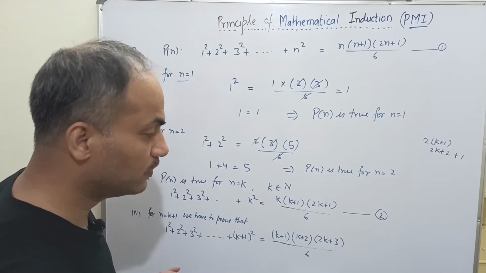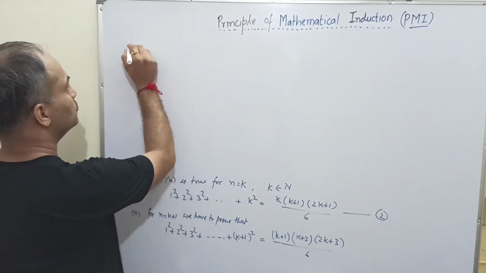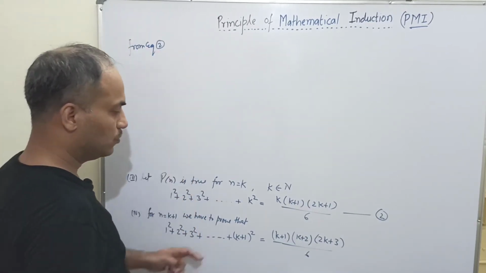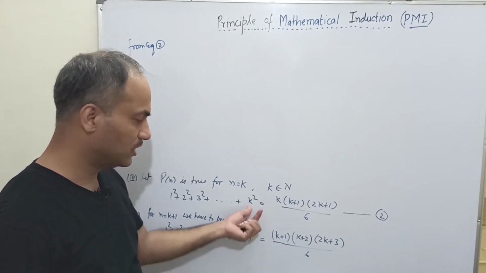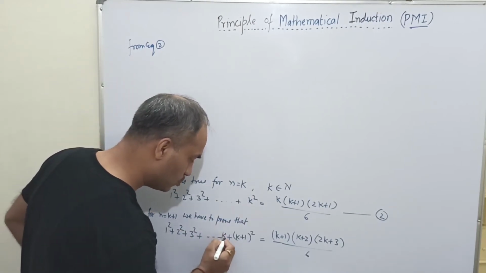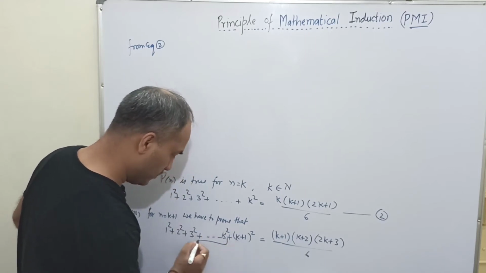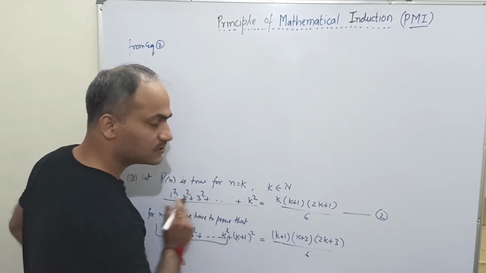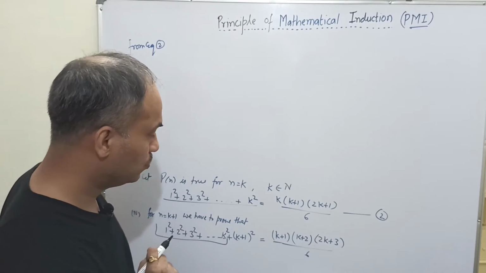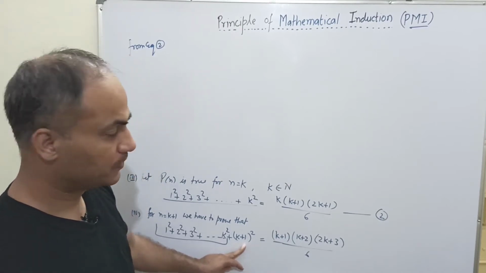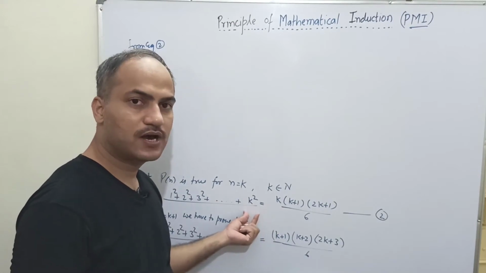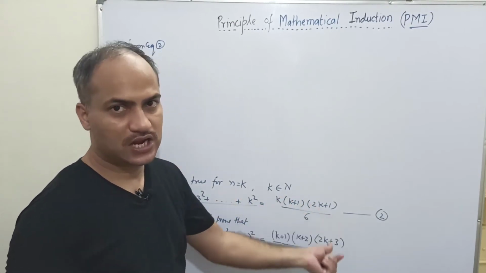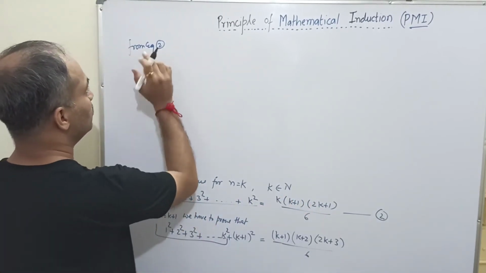Now how can we prove it? Let us see. From equation 2 what we do? We can add k plus 1 whole square. Only this term is not there. We know k square will also be there. So from here till here each and every term is there in equation 2, but only this term is not there. So in equation 2, we will add k plus 1 whole square in LHS as well as in RHS.